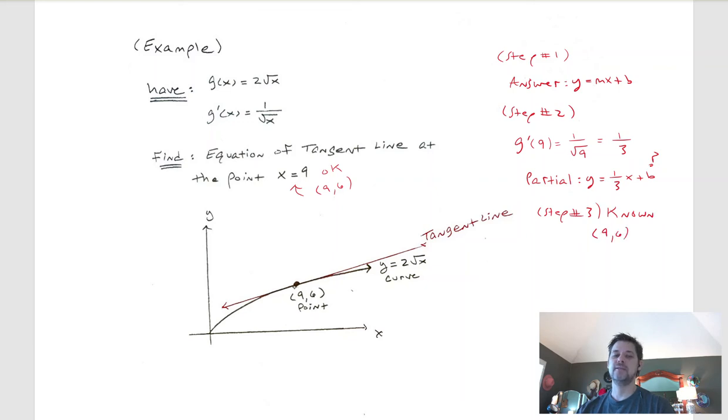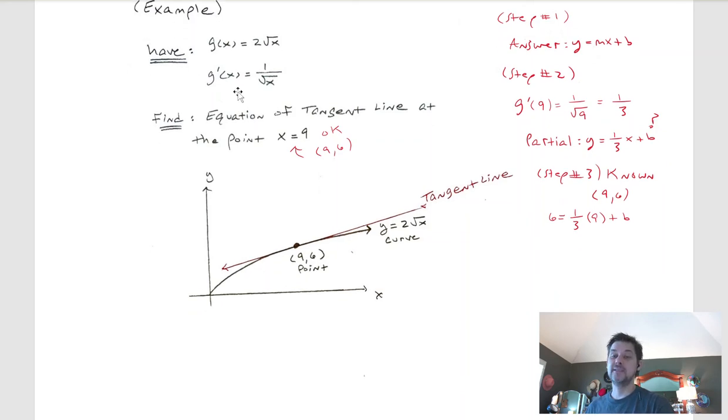That's a point that's both on the curve and on the tangent line. So the x being 9 and y being 6 got to work, okay? So let's see, 6 for y, 9 for x, and that's just enough information to solve for b, okay?